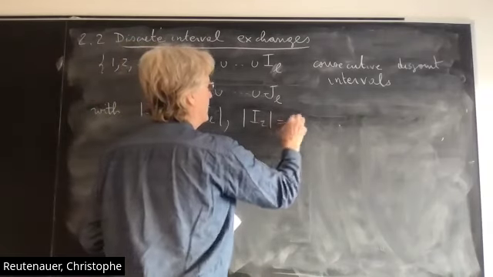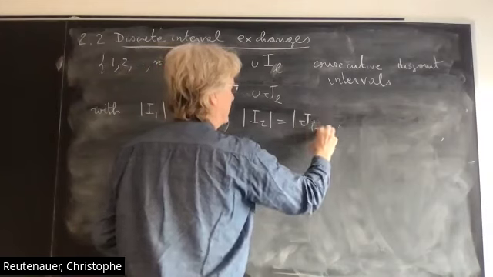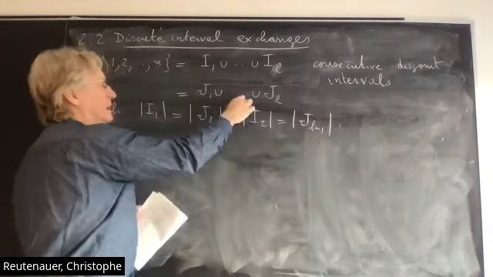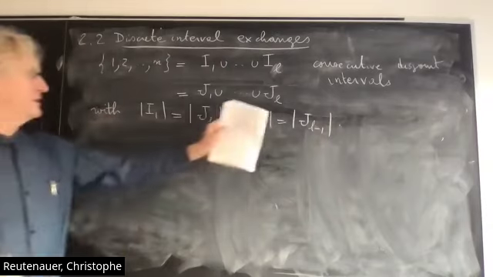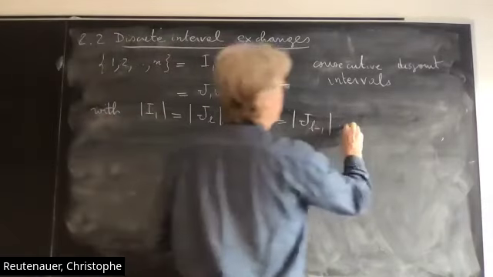The second one is like this. The cardinality of the second one is the second one from the right, and so on.